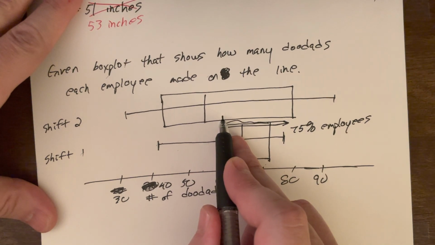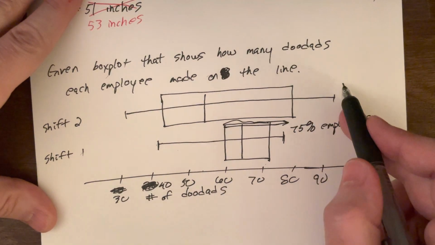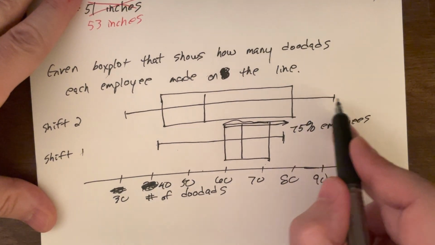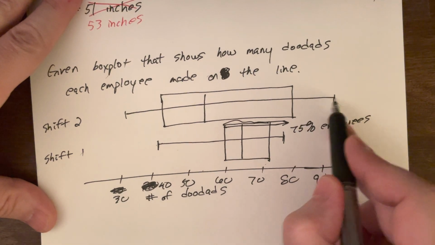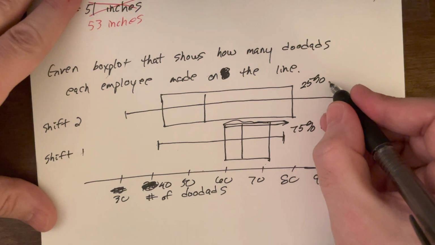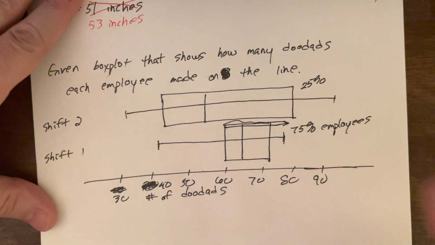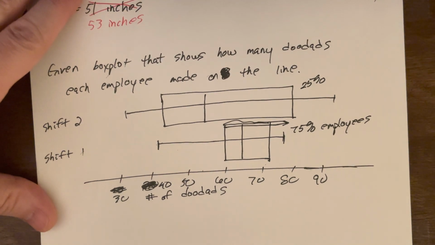Whereas up here, what would you focus on that's good? You'd probably focus more on this part, that all of these people, that's 25% here, are making more doodads than every single person down here. So this is just a common situation. What's better, what's worse, it's a matter of perspective.